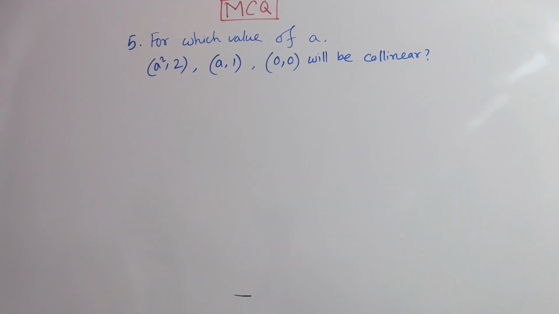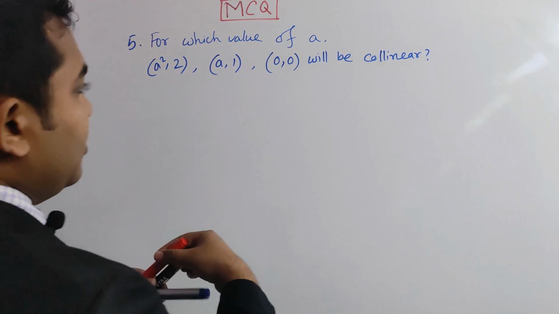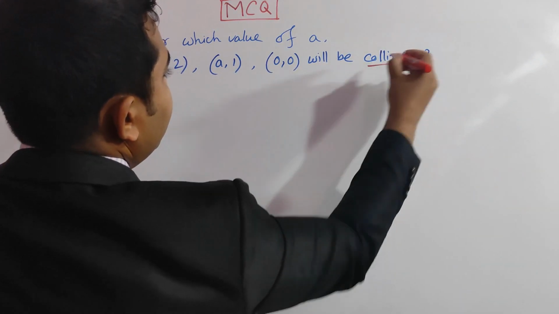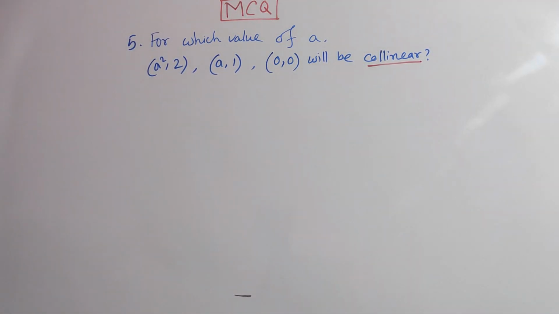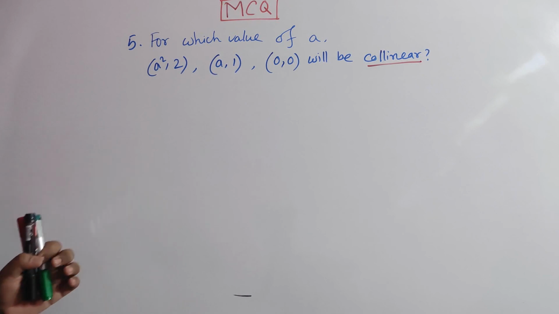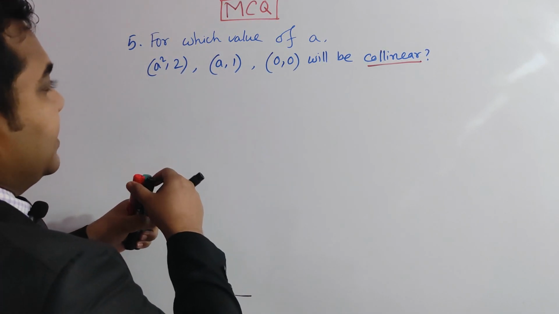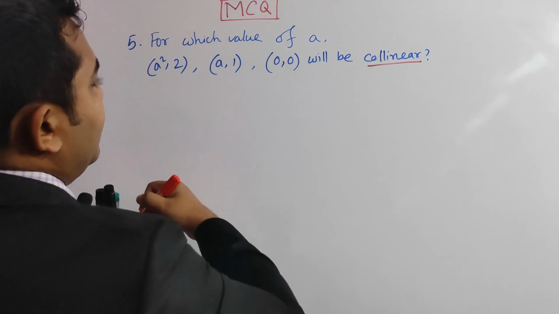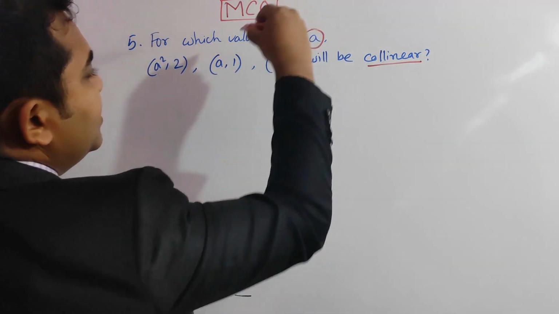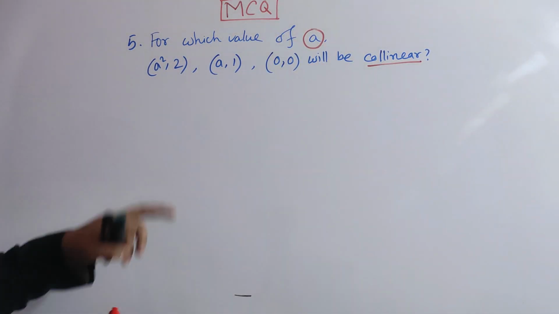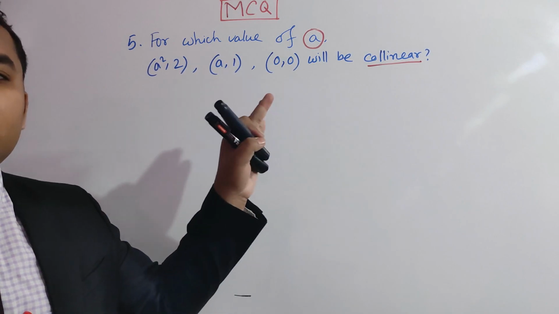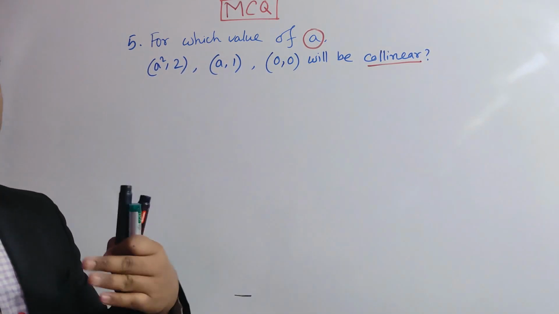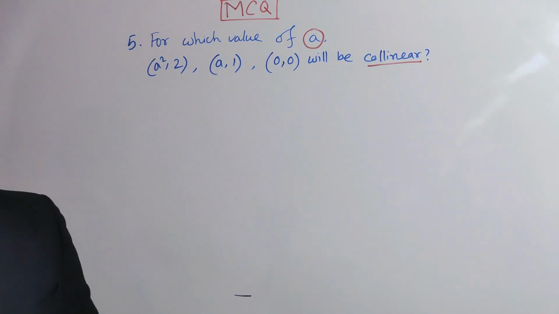So our third type is here. Here is given the collinear part, collinear. For which value of a are these 3 points collinear? If there is any question like this, then we have to go for the slope.